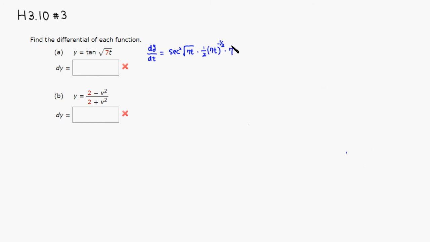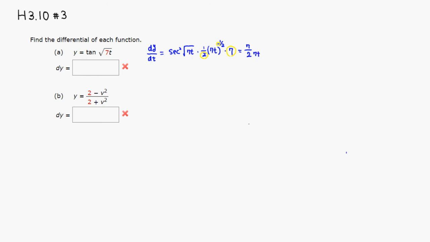Alright. Then let's clean this up a little bit. I'm going to put the 7 and over 2 together, so you have a 7 halves. Then this guy is a negative power, so I'm going to put 7t on the bottom.